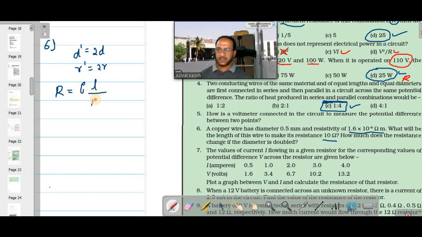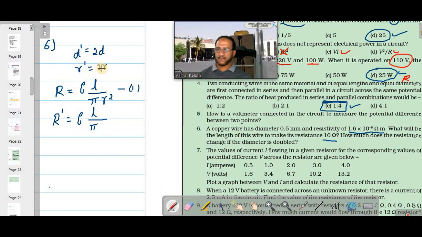Now we have the equation. Suppose the initial resistance is given by R is equal to rho into L by pi R square. This is the initial resistance, equation number 1. Now if the diameter is doubled, the new resistance R dash is equal to rho into, length I can write L itself, and pi into R dash square.